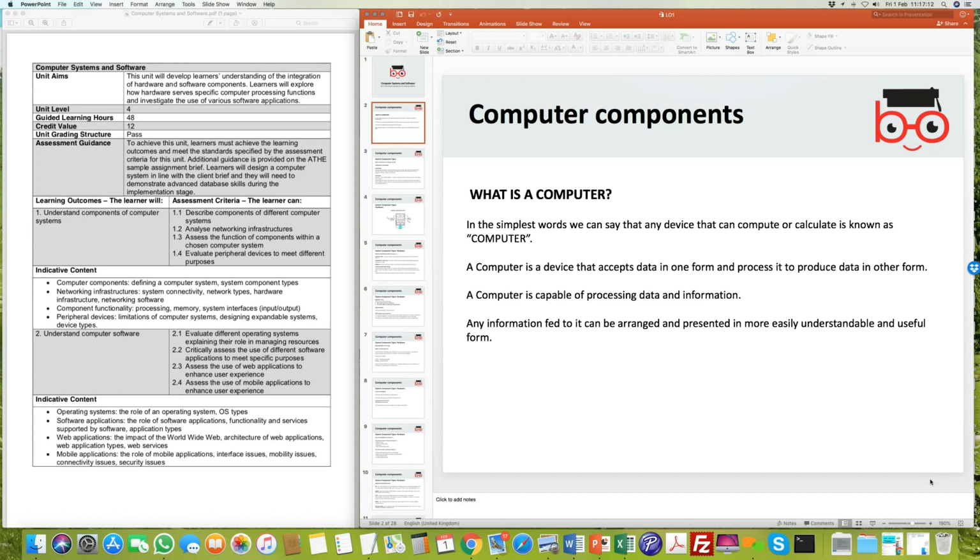So we define a computer system as a device which allows us to input information, process it, and then store it if necessary, on an external peripheral or hardware, or internally within the system itself, and then get an output in the form of a print, or an email, things like that.